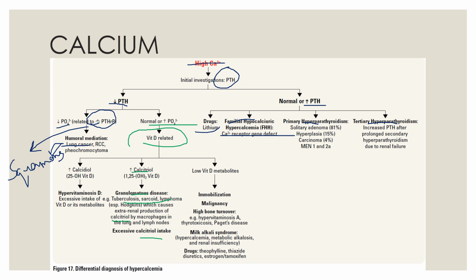Now, if there is raised calcidiol, which is 25-hydroxyvitamin D, it is hypervitaminosis due to excessive intake of vitamin D or its metabolites. Now, if the vitamin D is low, it can be malignancy, high bone turnover, immobilization, milk alkali syndrome, drugs like theophylline, thiazide diuretics, estrogen, tamoxifen, etc.